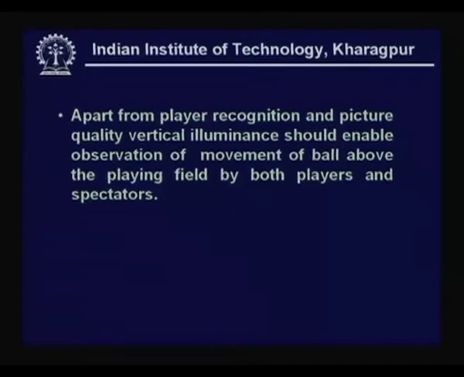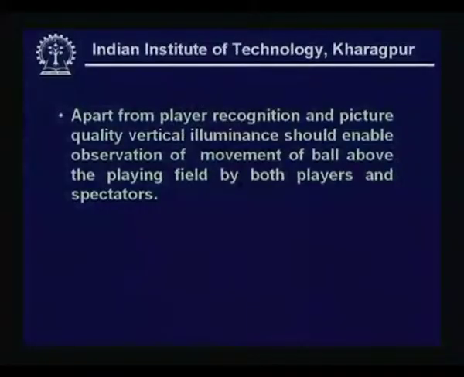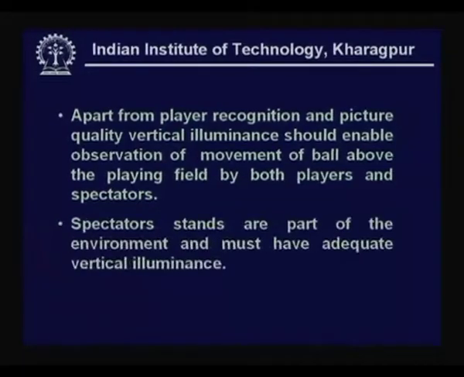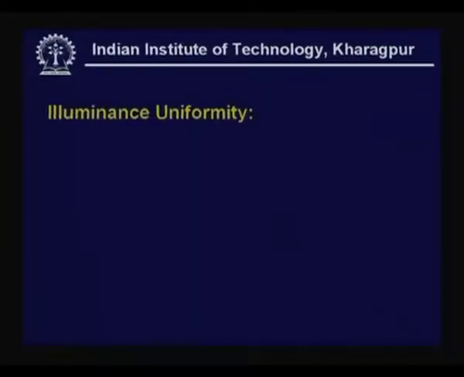As I have been saying, the vertical illuminance is required for the movement of the players, recognition of players, as well as the movement of the ball. Spectator stands are also part of the environment, and they also need to have equally adequate vertical illuminance.